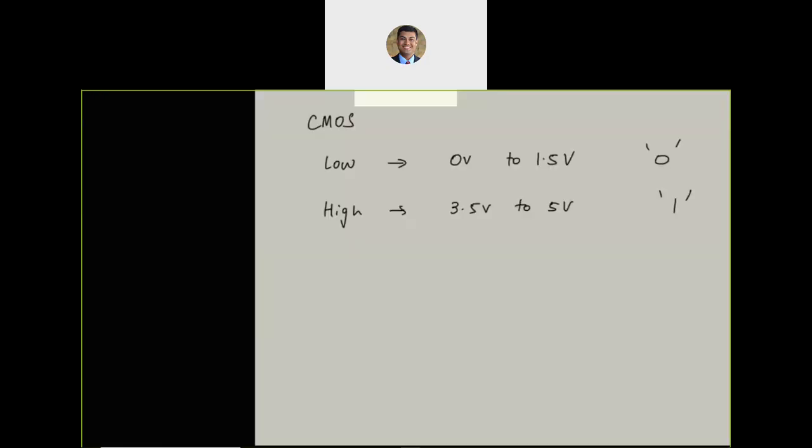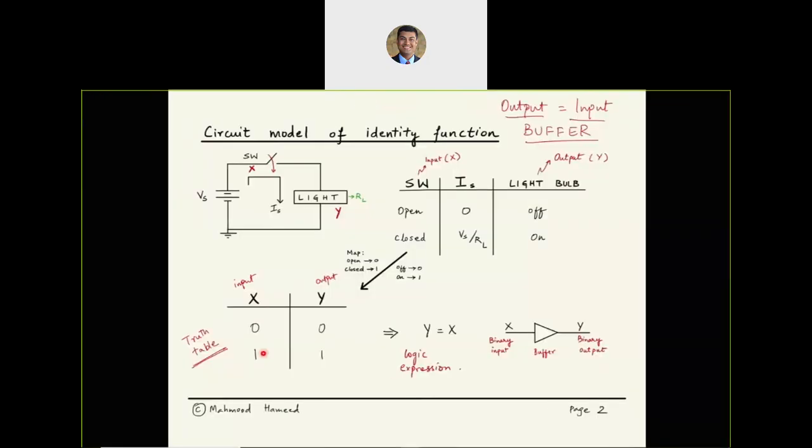By the way, we have been talking about 0 and 1 being input and output, but those low and high levels need to be associated with a certain range of voltages.